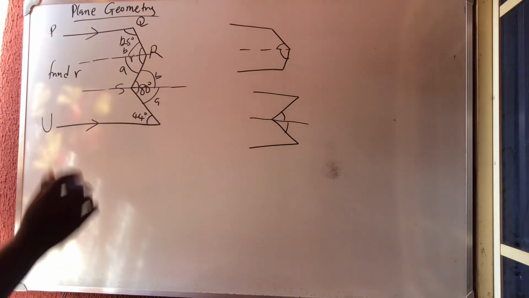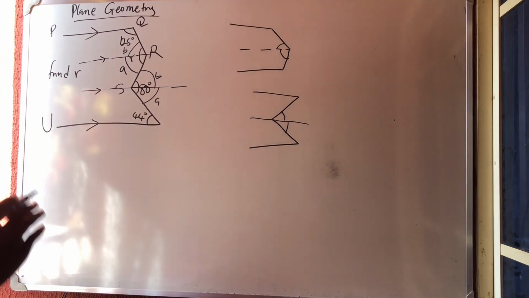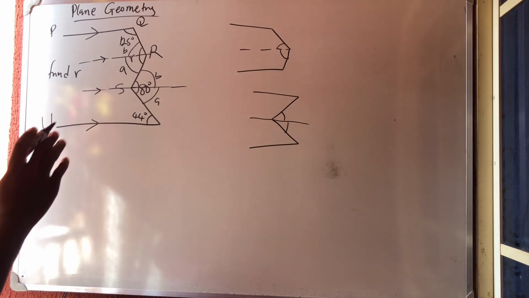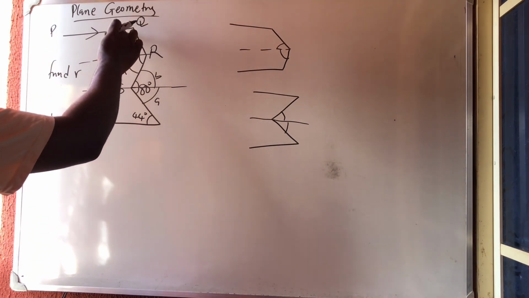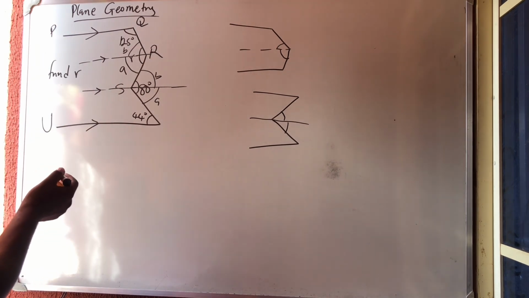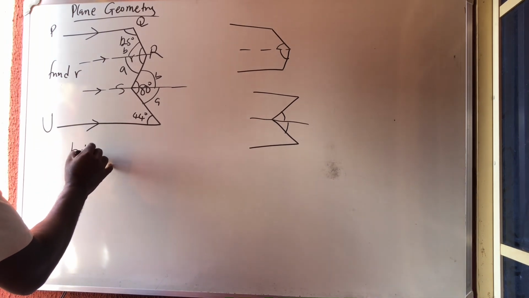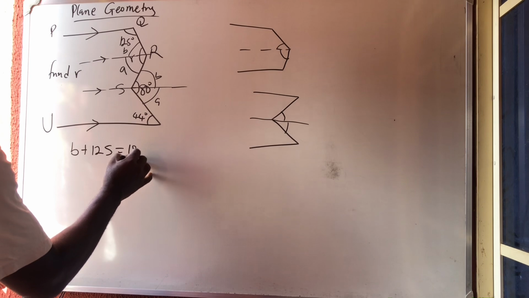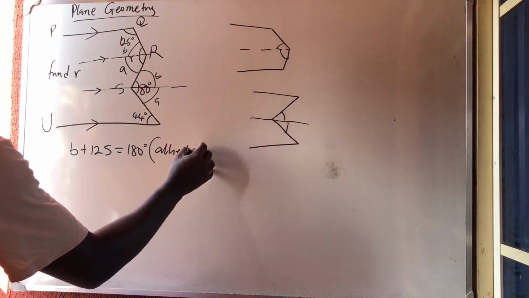Now, since we have done this, we'll see that this is parallel to this. Automatically, once you have done this, you are good to go. This is opposite interior. This opposite interior, don't forget, is equal to 180, and it's called allied. So we can say that B plus 125 is equal to 180 degrees, and my reason is allied angles.